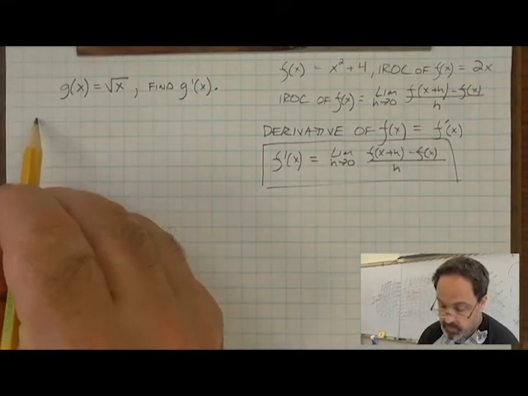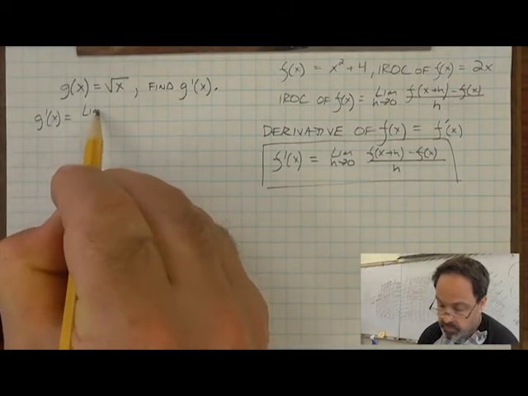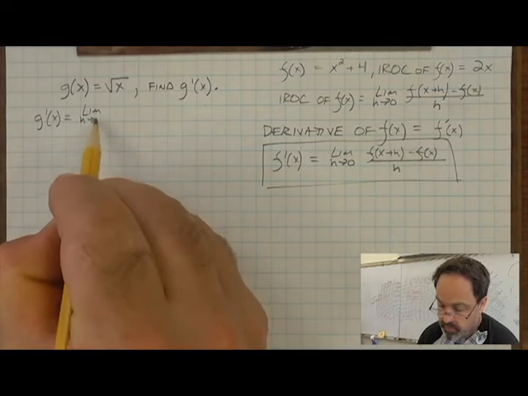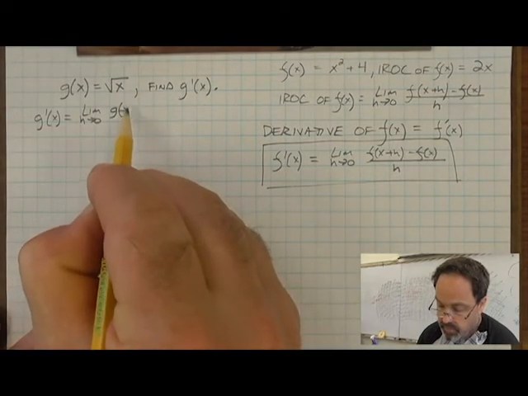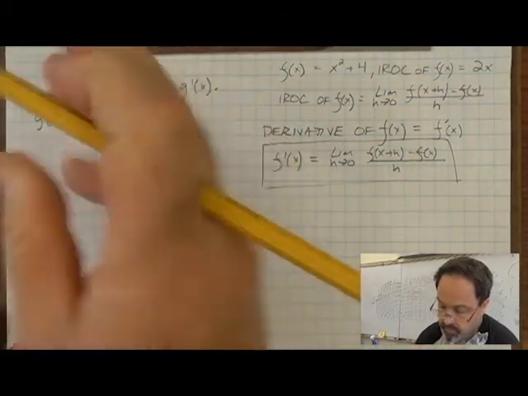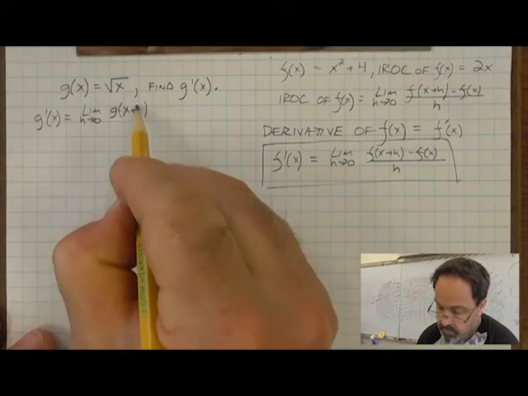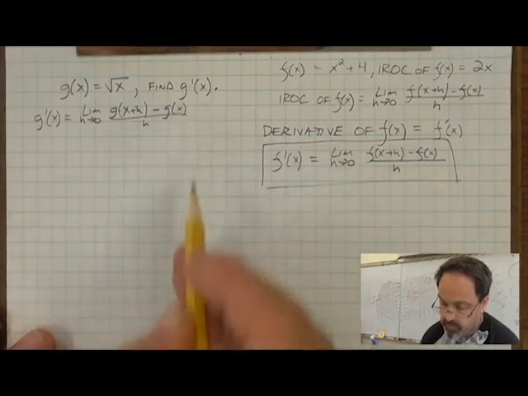So this becomes the derivative of g is equal to the limit as h goes to 0 of g of x plus h, getting a little sloppy here, minus g of x all over h.